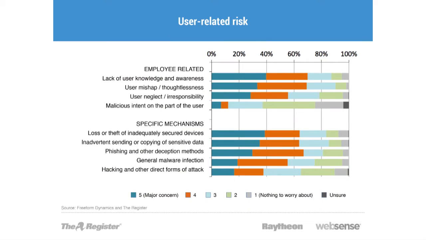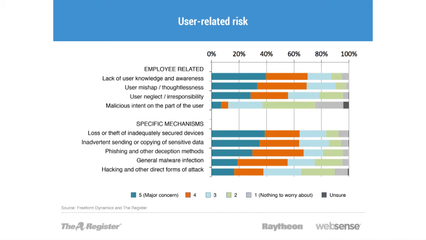So a lot of things coming out about people and about the role of people in the solution. But Tony, you've got some data about the impact of people on the problem space, as it were. Well, we do indeed. This is all about concerns rather than the reality of the breaches that we saw earlier. This is about where the Register audience actually have their major problems and challenges internally.